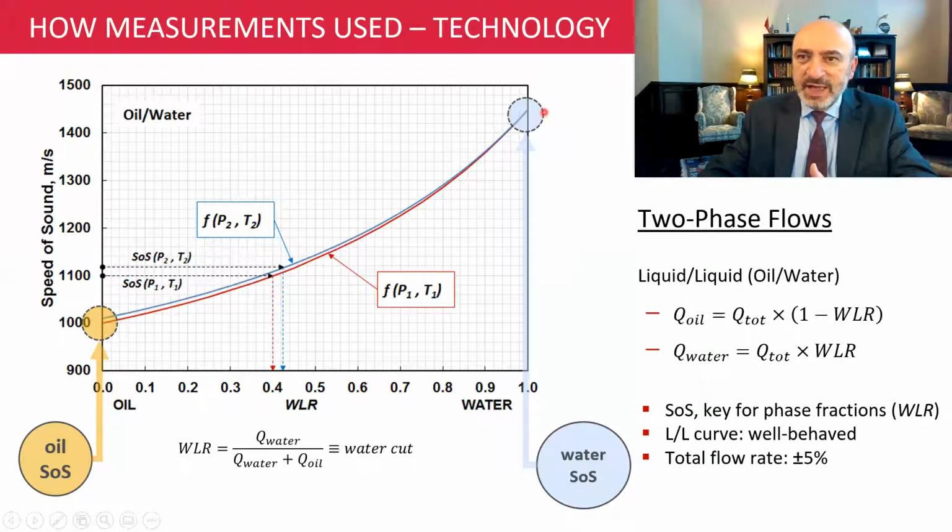But we have a method to optimize these boundary conditions once those measurements from the test separator are available. And the performance goes up to plus minus 1% at that point. That is an excellent performance for a multi-phase flow meter.